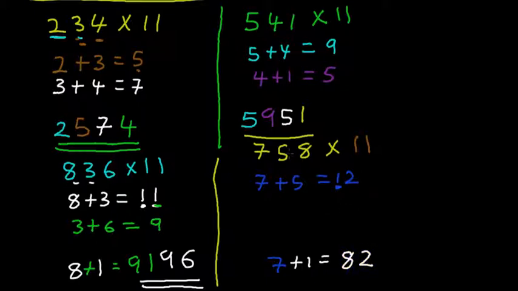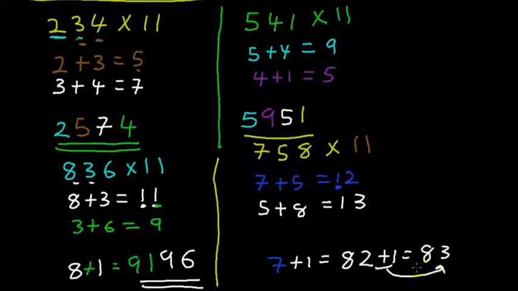Then you can do the second step. 5 plus 8 gives you 13. This is another two-digit answer. So you take the 1 and add it to the 2 here. If you add 1 to that 2, it becomes 3.